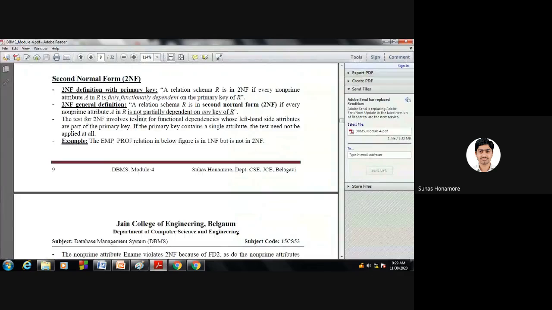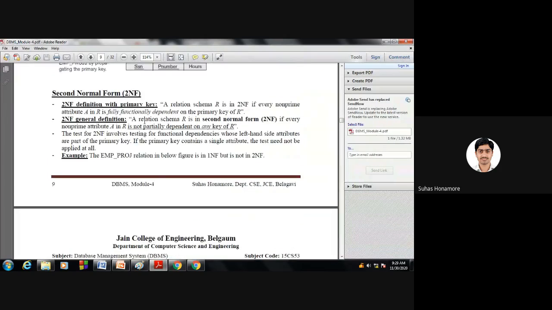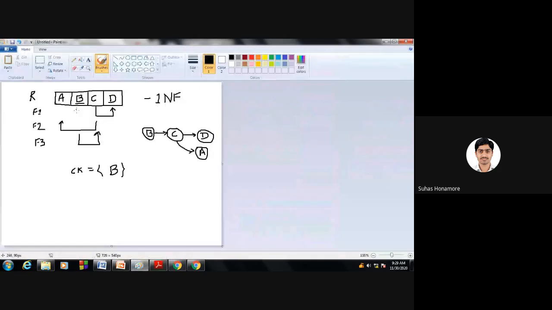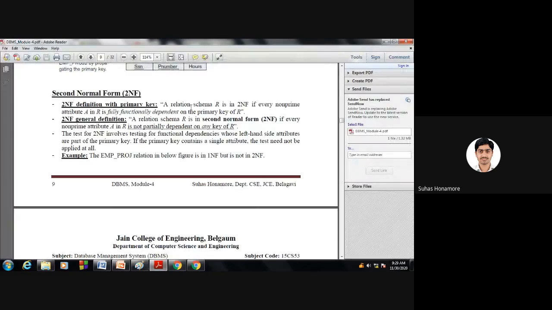Now the 2NF definition says, with respect to the primary key we'll study it. Because we already identified the primary key, we will study it with respect to the primary key. So relation R is in 2NF if every non-prime attribute A in R is fully functionally dependent on the primary key.